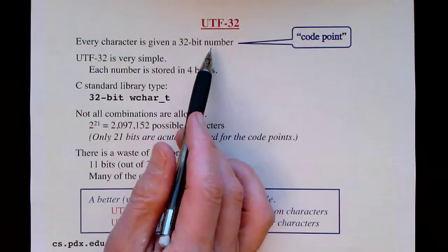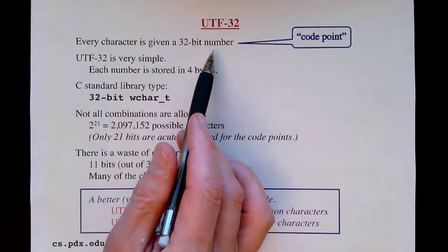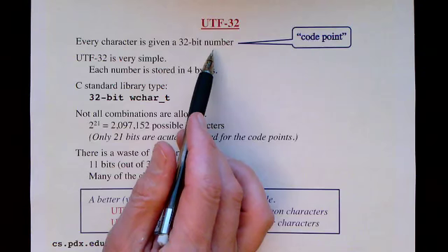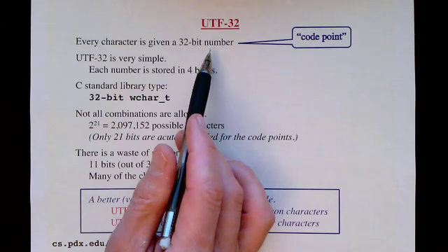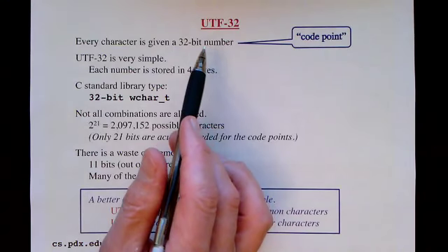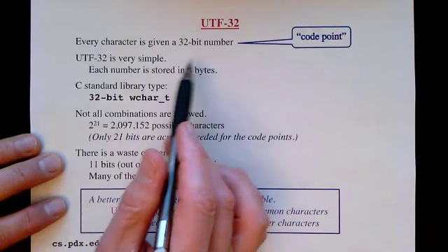So for example, we saw that the letter K had a code point which we could express in either decimal or hex. The hex code point for K was hex 6b, and in decimal that was the number 107.